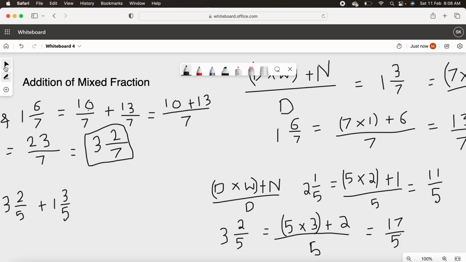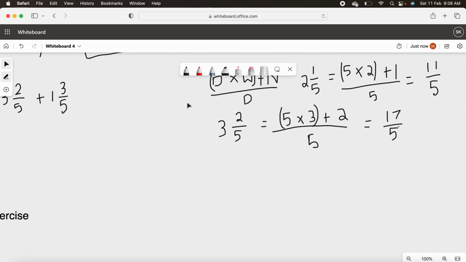Last one is 1 3 by 5, correct? Let's find out what is 1 3 by 5. Denominator is 5 multiplied by whole number is 1, add 3 the numerator by denominator, which is nothing but 8 by 5.